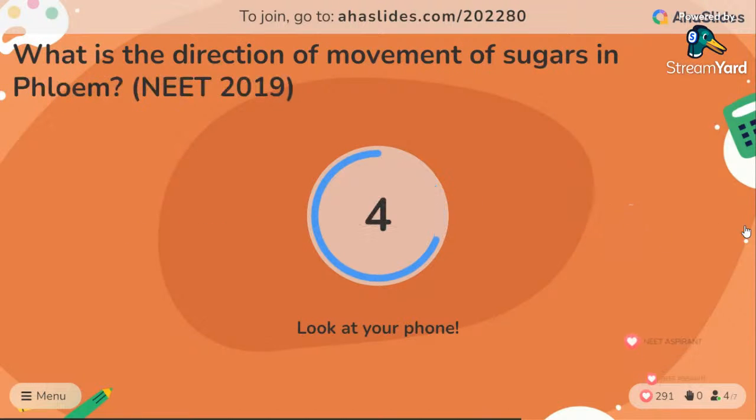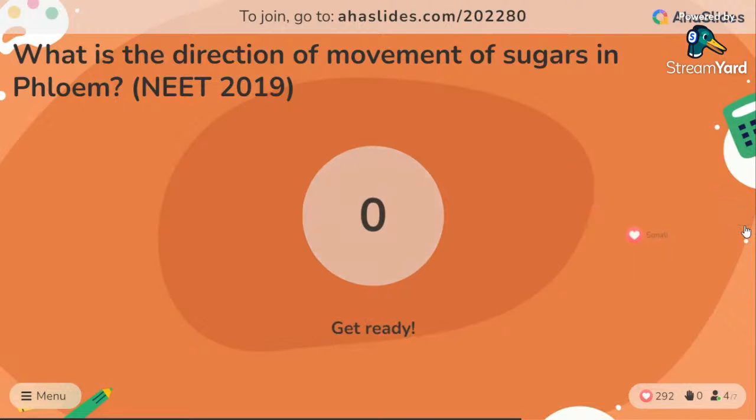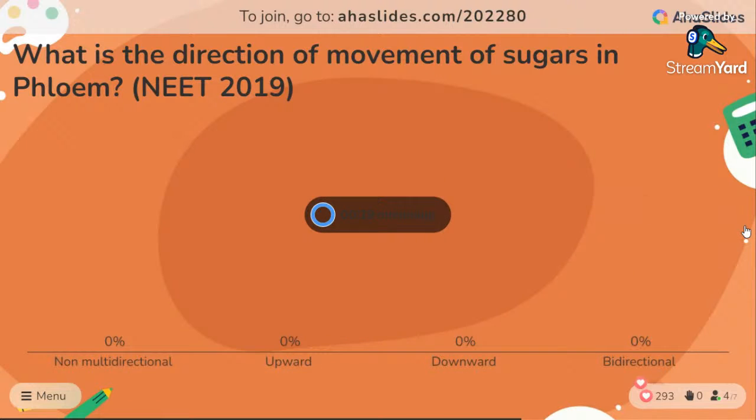Question number 17. What is the direction of movement of sugar in phloem? NEET 2019 question. Non-multidirectional, upward, downward, bidirectional.